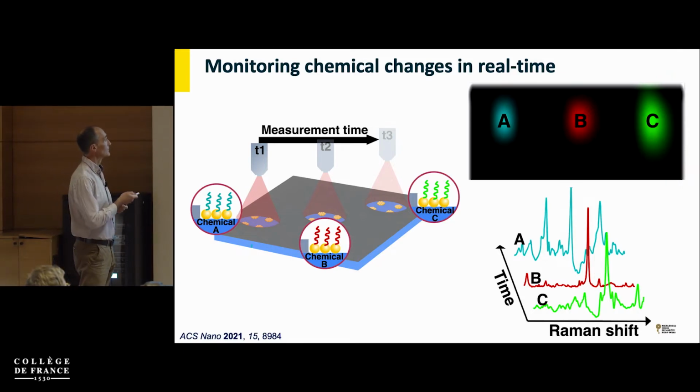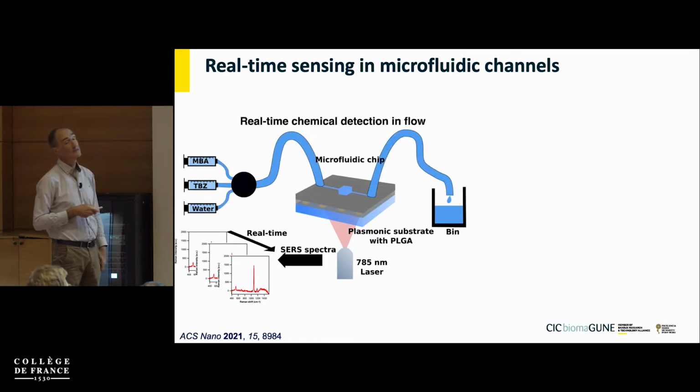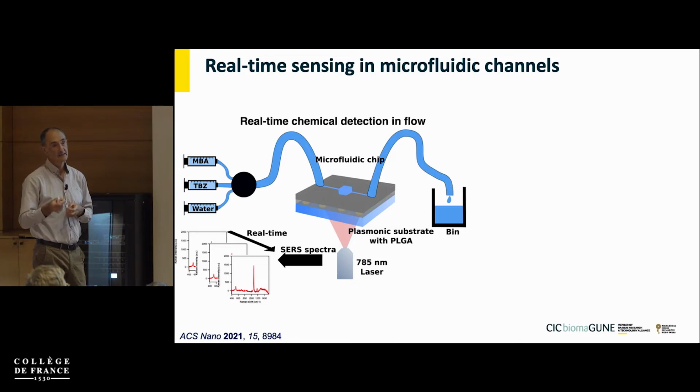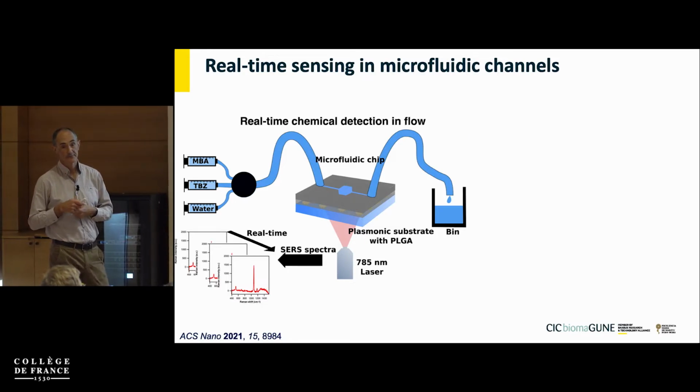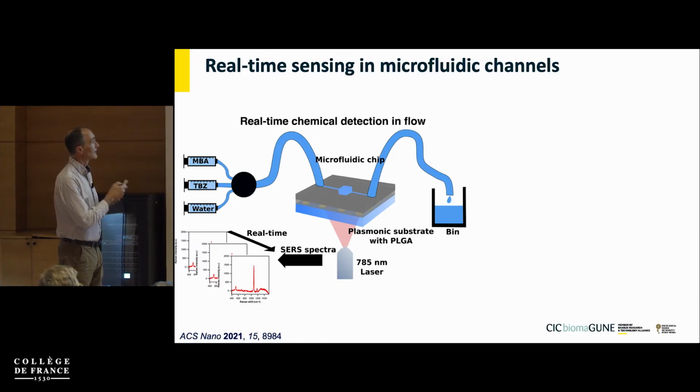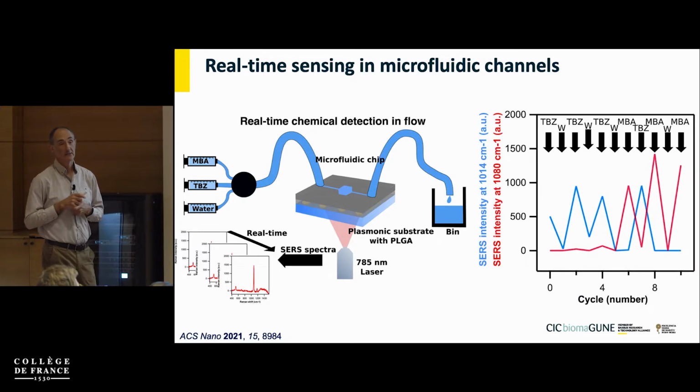And so, for example, you can implement it in a real microfluidic chip where you can flow your analytes at different times, and then every time you want to measure a spectrum, you basically either move the substrate or move the beam, and then irradiate at higher intensity, and then measure at a lower intensity of the laser. And so you can do that for many cycles.